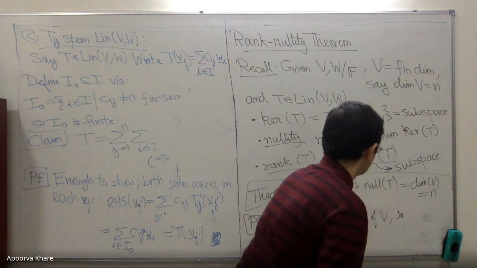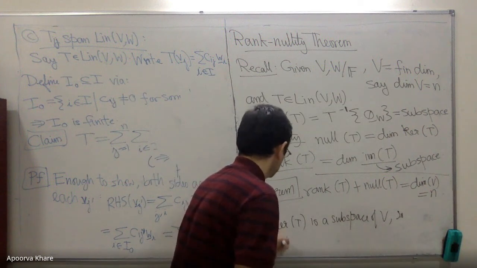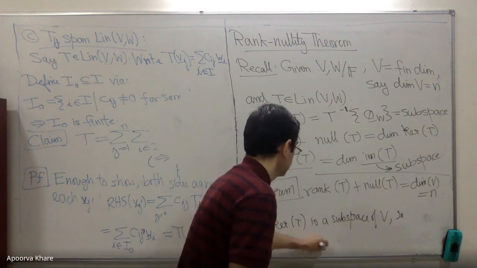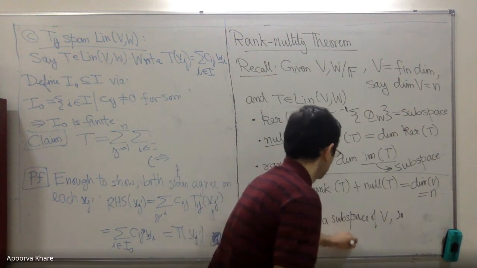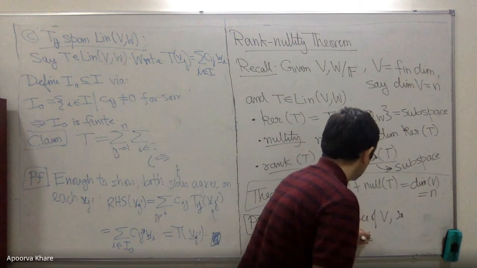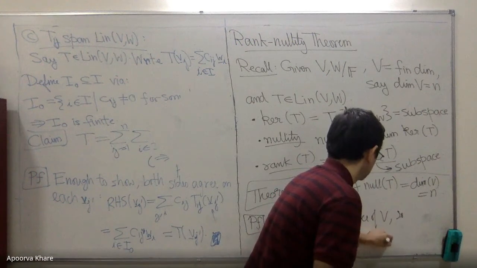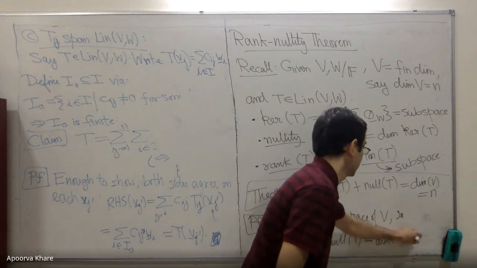So the dimension of the kernel, which is the nullity, is less than or equal to the dimension of V, which is n.